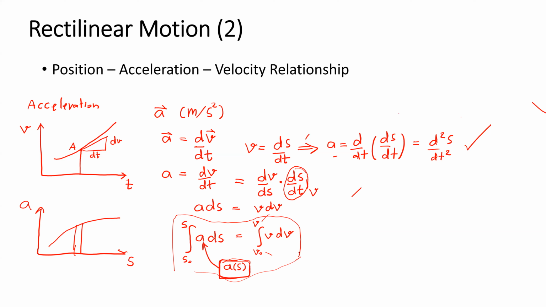But if you don't want to remember the relationship, you may begin from the basic idea that the acceleration is dv by dt, and just apply the chain rule here so that you can compose this relationship.